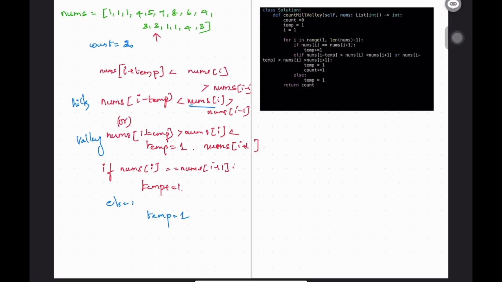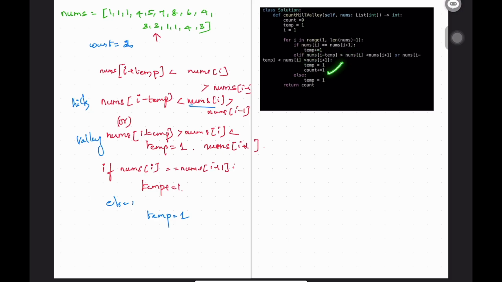Now we have discussed and written it in the form of code to solve this. First we have to check whether these are the same, to add it to the temp to get our previous neighbor and our next neighbor. Once there is no equal value, then our I minus temp will be checking whether it is a hill or valley.